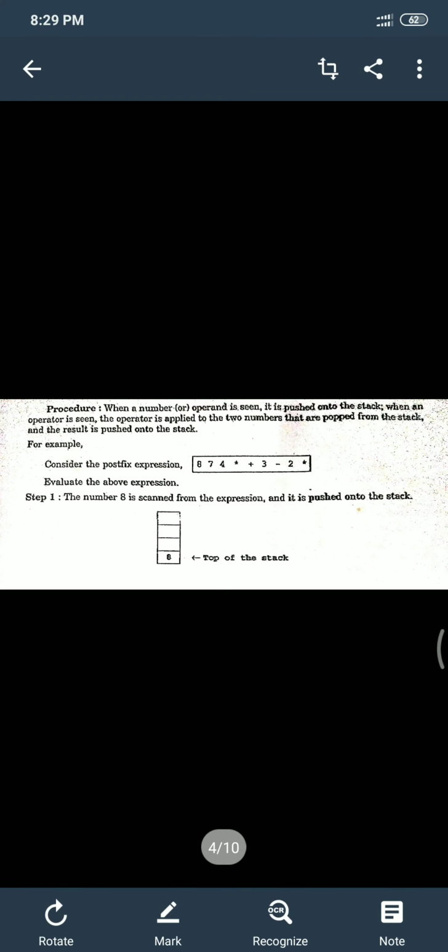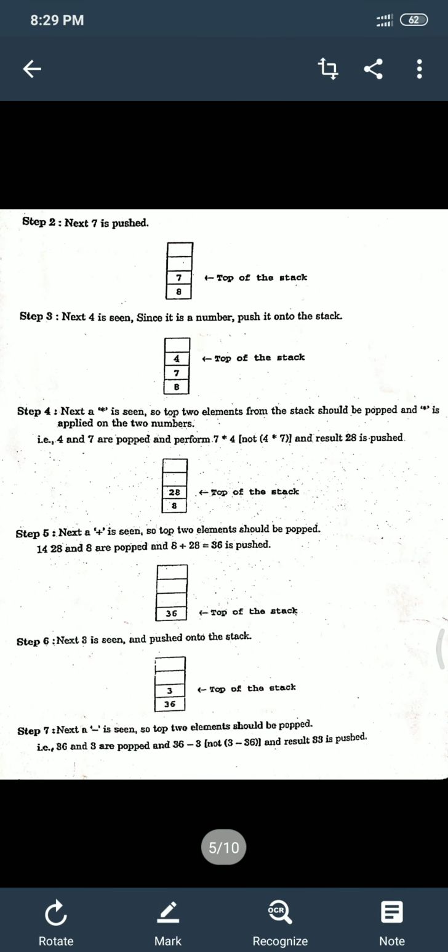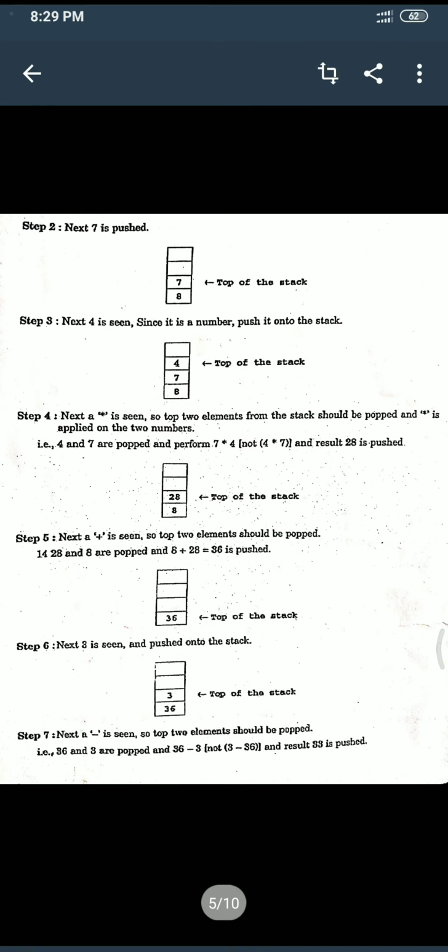Now the next step, while scanning the same postfix expression, we come across one more operand, that is the operand 7. That operand has to be pushed onto a stack, as I have done in the diagram. In the next step, once again we come across an operand while scanning. Since it is a number, it has to be pushed onto the stack.